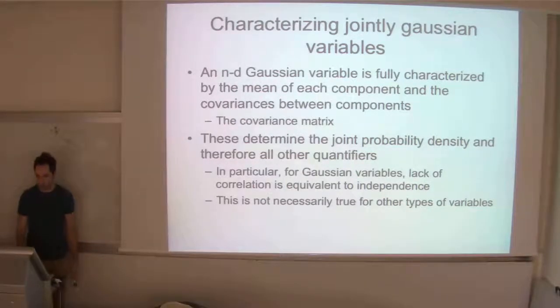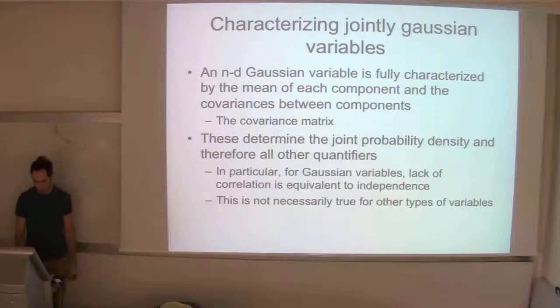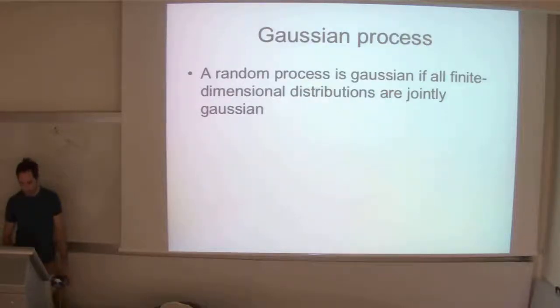So if we have a Gaussian process and we know all the means and we know the covariance matrix, we can almost fully describe the whole process. Yeah, so in particular for Gaussian variables, lack of correlation is equivalent to independence. It's not necessarily true for other types of variables. Okay.